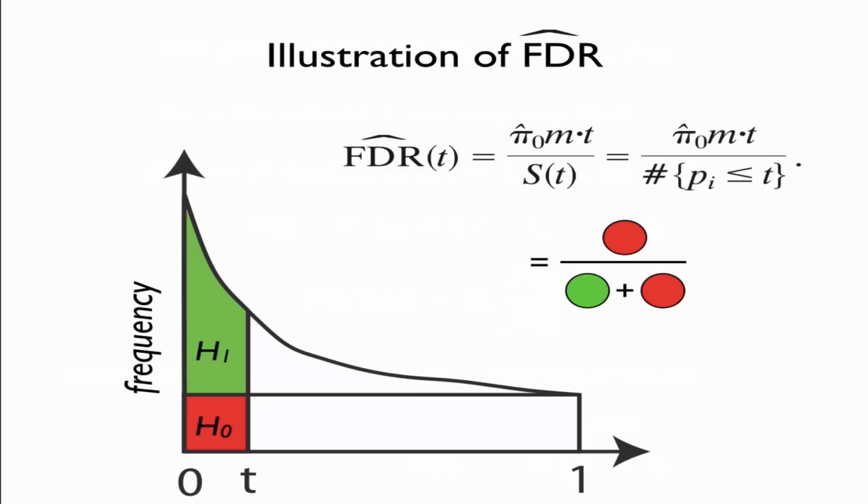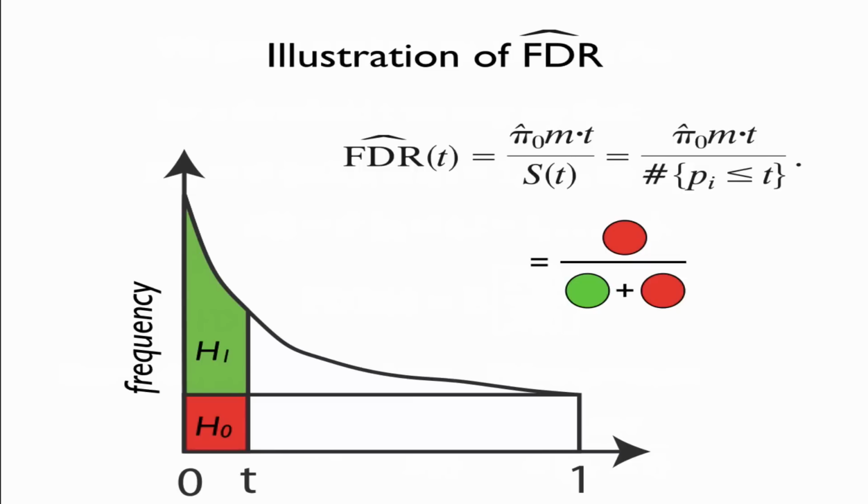So here is just a graphical illustration of the same phenomenon. Our estimate of the false discovery rate will be the number of null hypotheses divided by the total number of hypotheses above this score threshold.